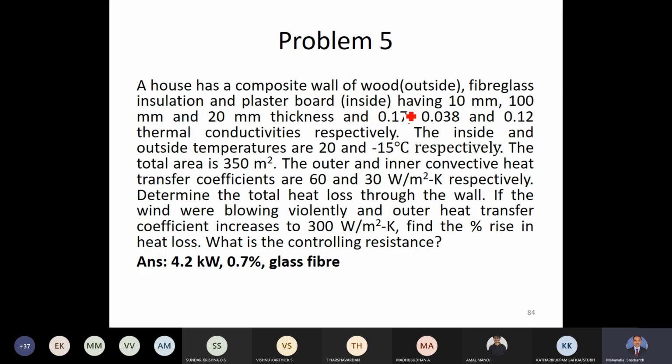So we have three walls. First one is 10 millimeters, second one is 100 millimeters, third one is 20 millimeters thick. Now, what are all these materials?